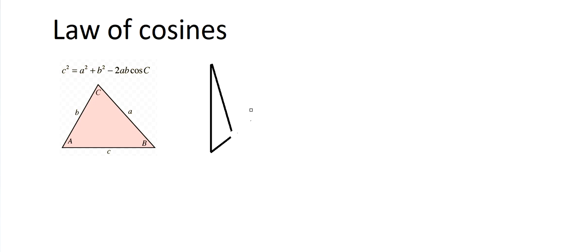And if I were to tell you that this side over here is 3, and this side over here is 4, and this angle right over here is 45 degrees, how would you solve that? I'll give you a minute to think about it.